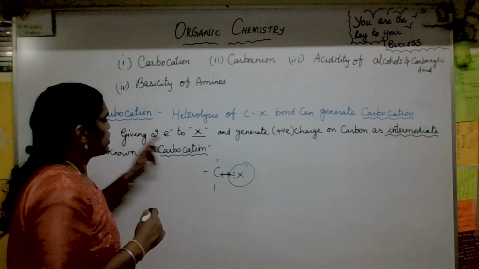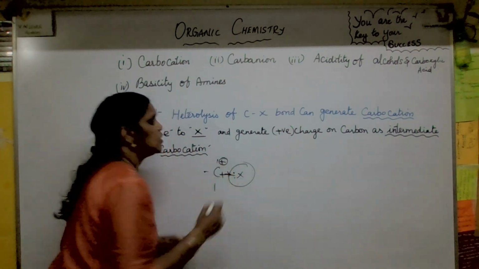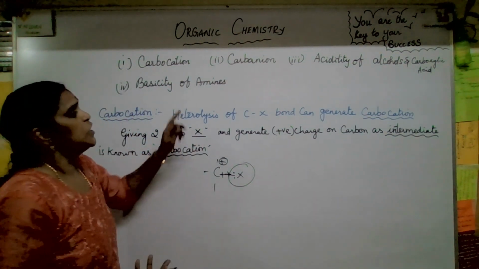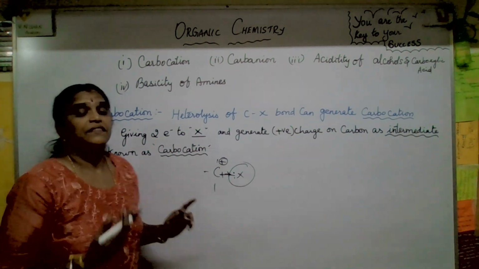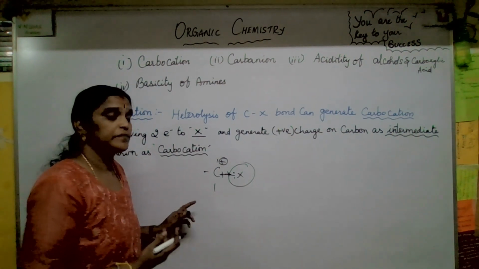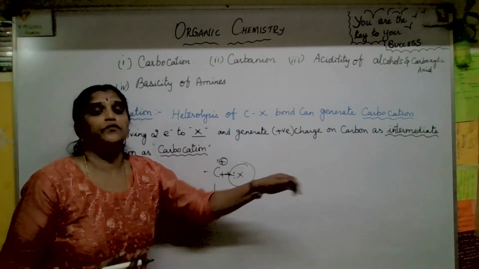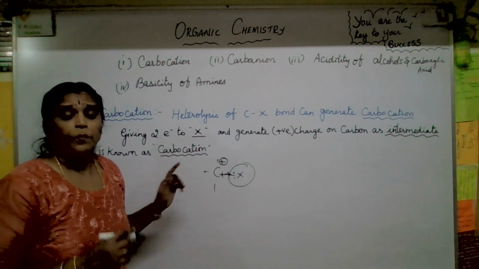So it is giving 2 electrons to halogen and generates positive charge. Because it is donating, it automatically gets positive charge. So this positive charge on carbon is an intermediate, because it is going to attach with some other component to form a final product. So this is called carbocation.